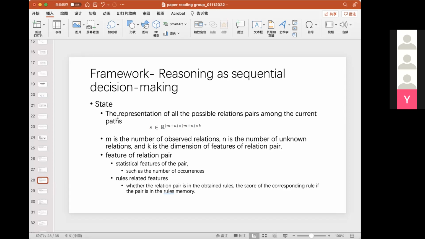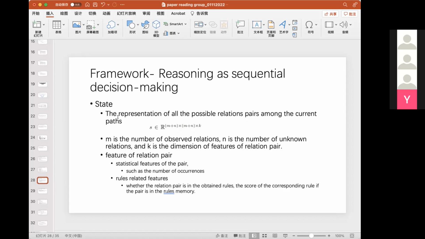Is my expression clear? Are you saying that in their case, they didn't represent each relation, so they just utilize ID? Yes. But in our logic, actually we can represent relation. So in their framework, they didn't try to learn a representation to represent each relational pair.